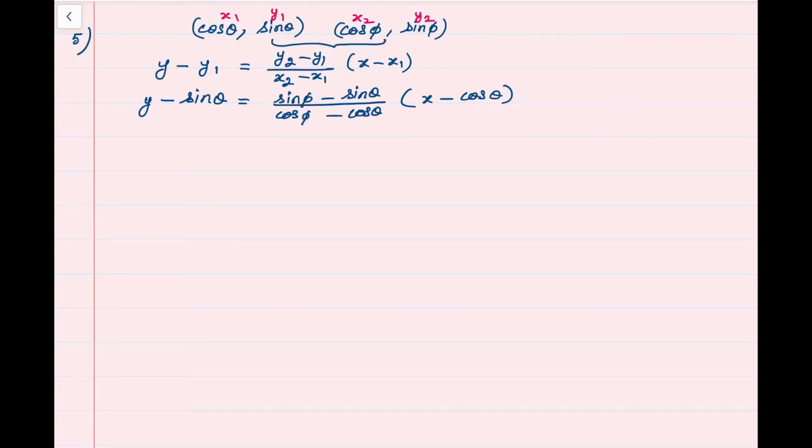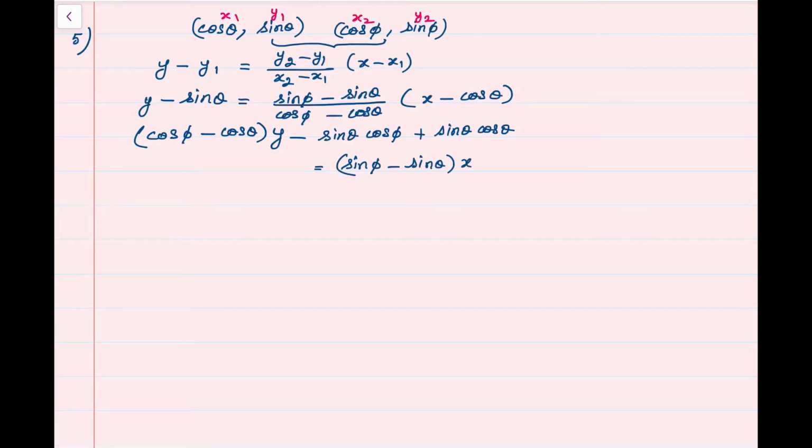We will cross multiply. Cos phi minus cos theta times y minus sin theta cos phi plus sin theta cos theta equal to, the other side is sin phi minus sin theta times x, then minus sin phi cos theta and plus sin theta cos theta.